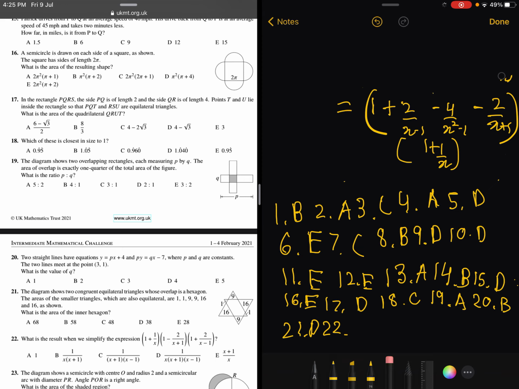The beauty behind this is, let's take the common denominator x squared minus 1 in the top part.